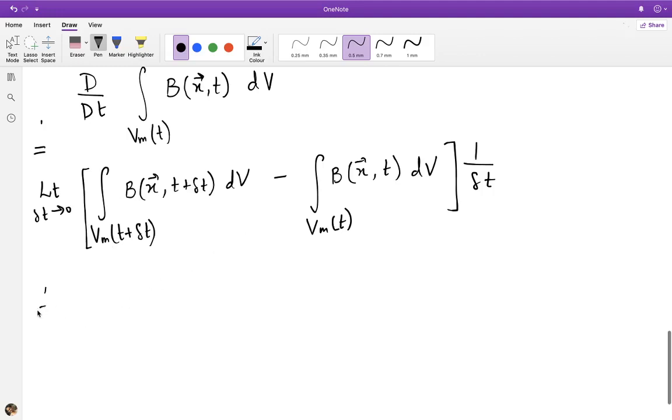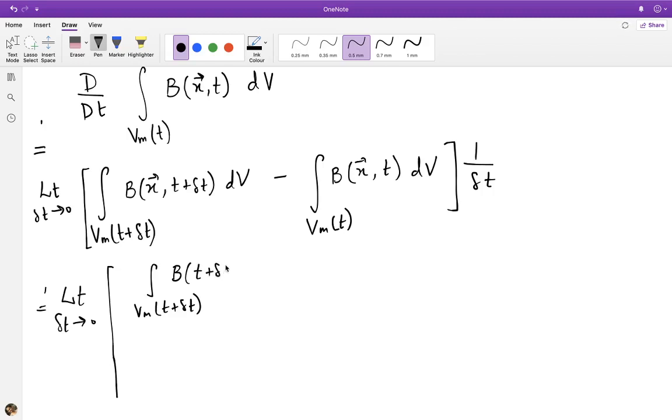We would like to split that up. So this is nothing but the limit again, delta t going to 0, of the integral over Vm at t plus delta t. I will suppress the x dependence just for simplicity, but we know it is there.